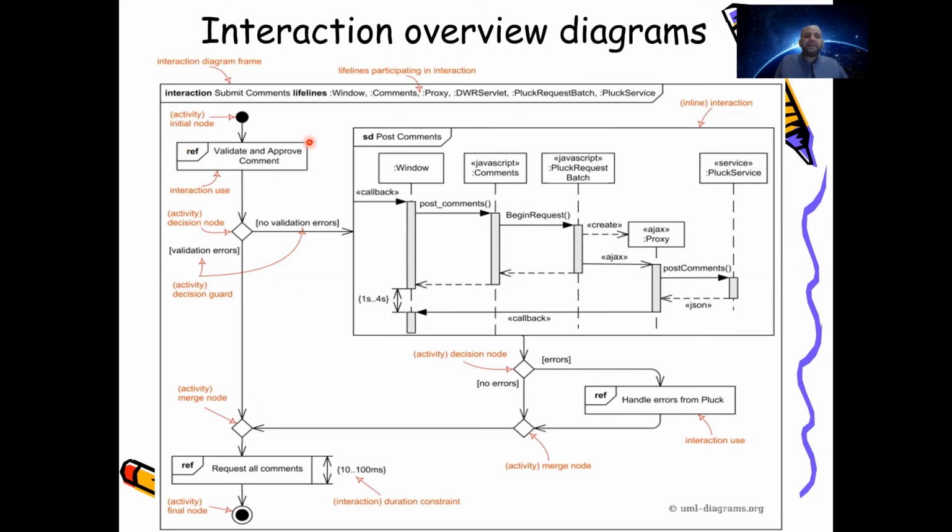It means that this interaction has been developed somewhere else and we are just referring to it over here. Here you can see an inline interaction. So once control comes here, then this interaction starts, and once this interaction stops, then control comes here and then moves forward. So here it is an interaction use, this is an interaction use, and you can also see some sort of time duration constraint being applied here. So this is how an interaction overview diagram looks like.